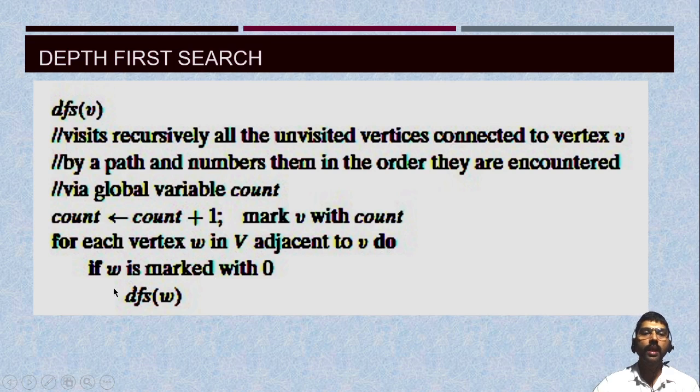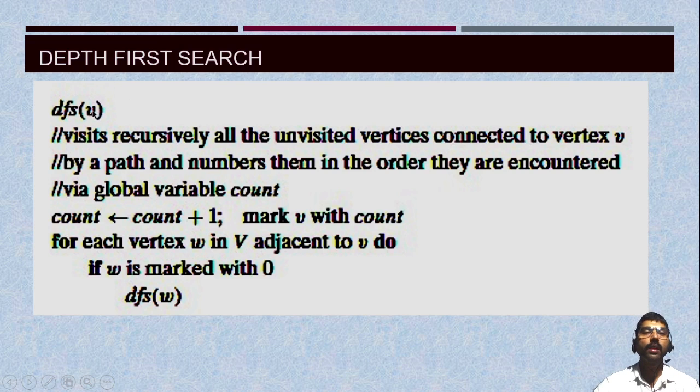Then we have to check if that w is visited or not. If that node w is not visited, I have to apply the DFS algorithm again on w. When you apply the DFS algorithm on w, the w becomes v here. This adjacent node value is actually passed to v here.